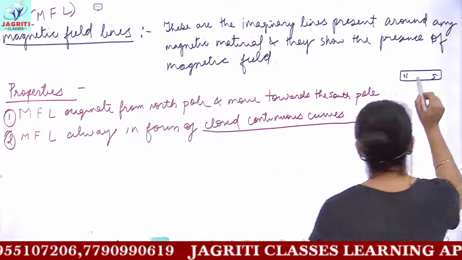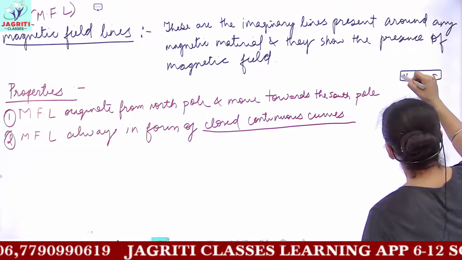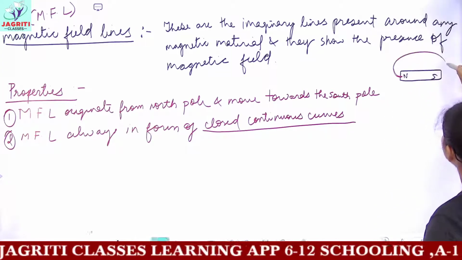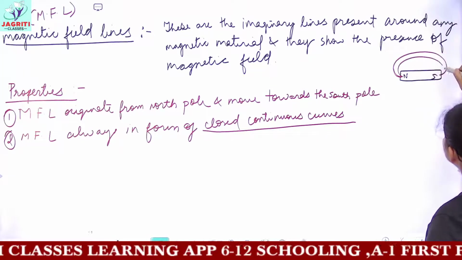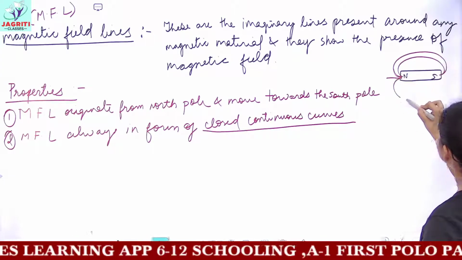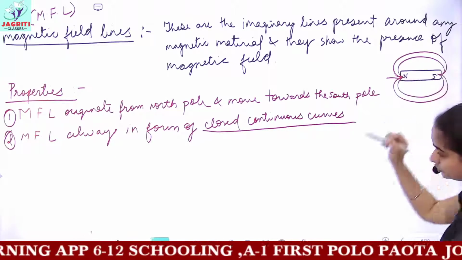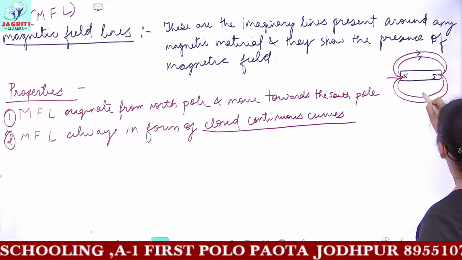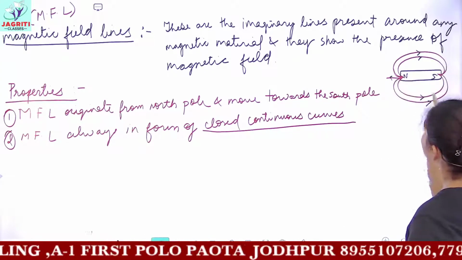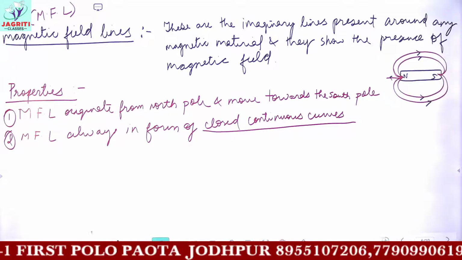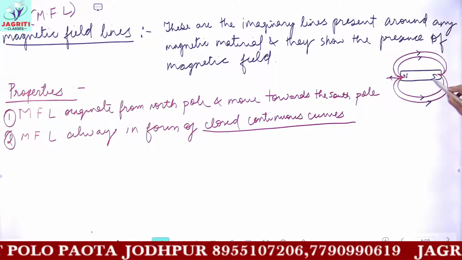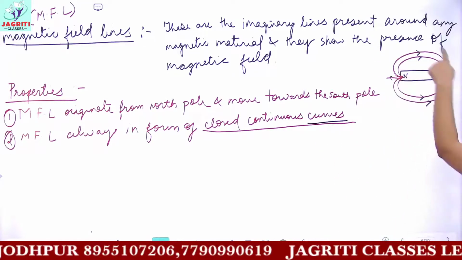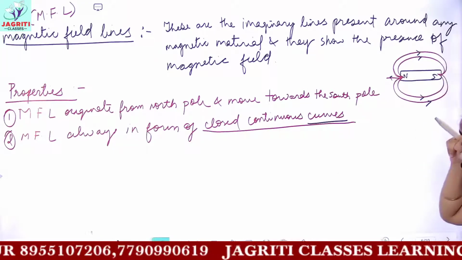So in fact, if you draw the magnetic field lines, then these are the lines which are present in the form of curves, starting from the north pole and moving towards the south pole. So in this manner you find the magnetic field lines, okay, from north to south. And remember, you have to specify the direction, because if you are not drawing the directional arrow, then you would lose marks. Okay, so from north to south, they start from north and move towards the south. These are present in the form of closed circular curves which I have drawn here.